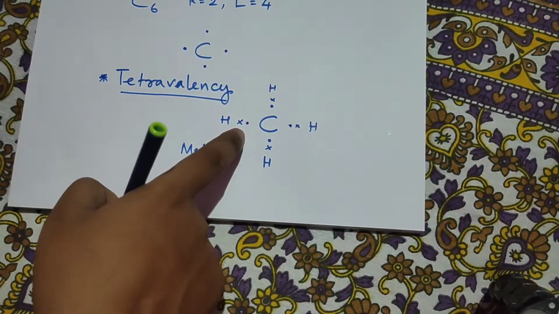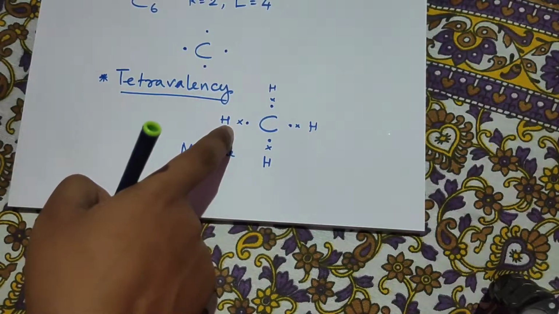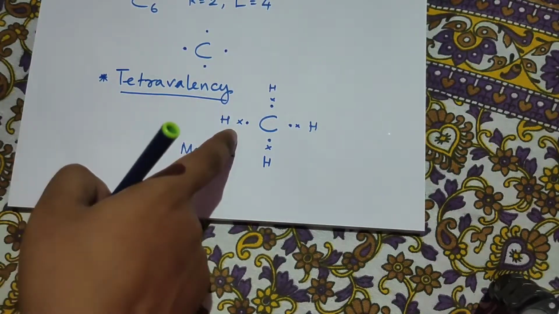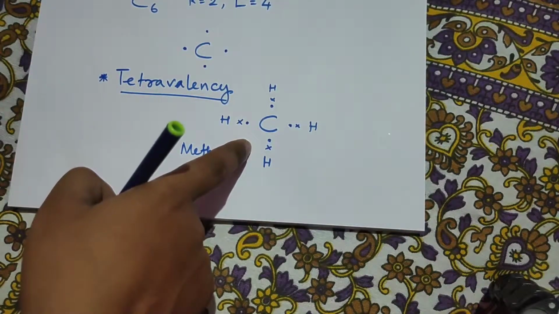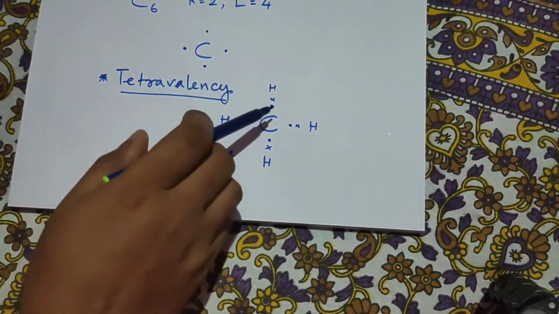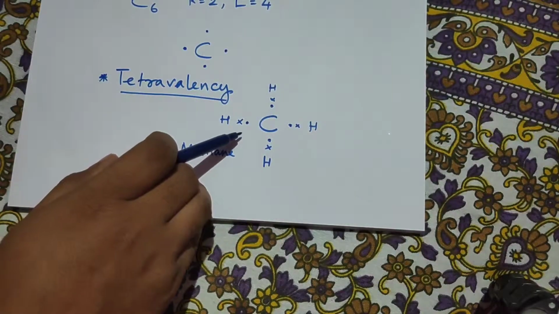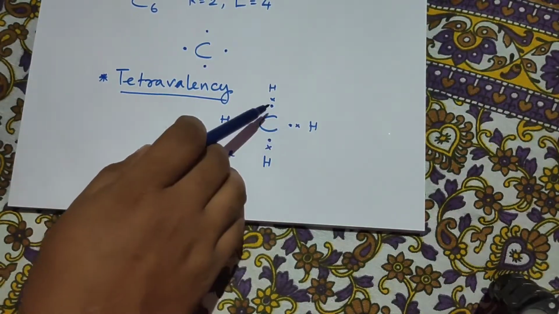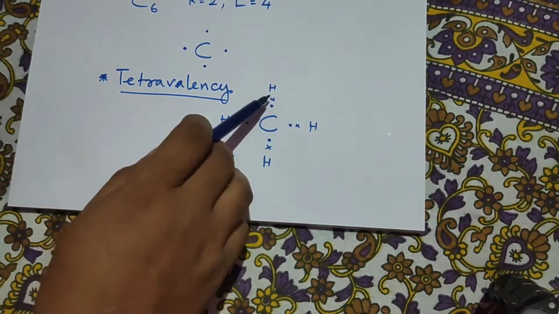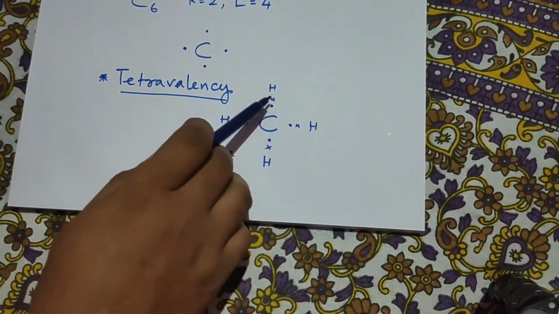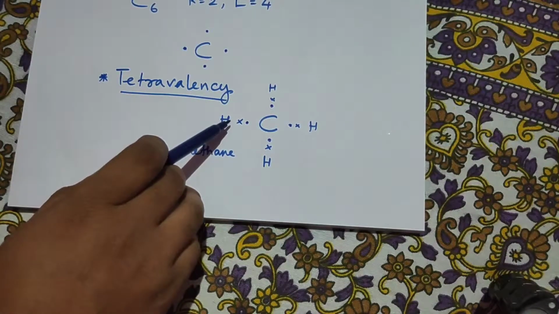So it is sharing with carbon's single electron. So likewise, if you calculate the octet of this carbon atom, then you will see the last shell will have 4 electrons now. The 4 dots represent carbon's electrons, and the cross of individual hydrogen atoms represent its own electrons.